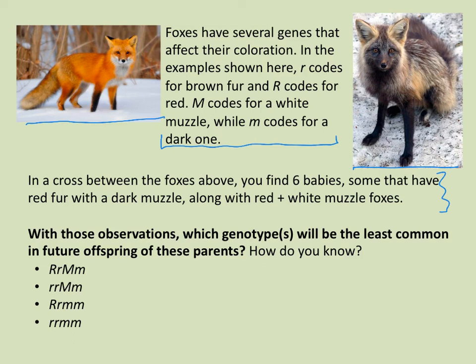We may have to make some assumptions about their genotypes based on what we know about the offspring that they already have. So, knowing the phenotypes, determining the genotypes, I'd like you to think about which genotypes will be the least common in future offspring of these parents.